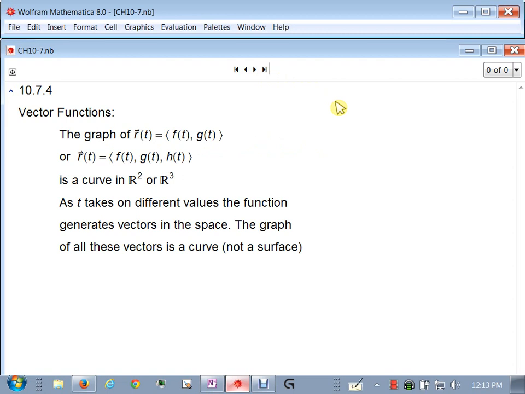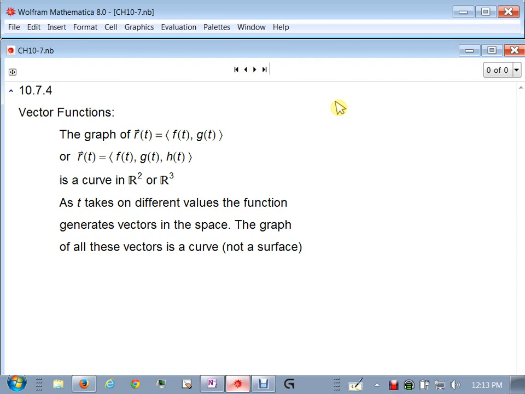The graph of a vector function in two- or three-dimensional space is a curve in two- or three-dimensional space. Now, we are considering lines to be curves, so a curve is general. It includes lines. As t takes on different values, the function generates vectors in the space. The graph of all these vectors is a curve, not a surface.